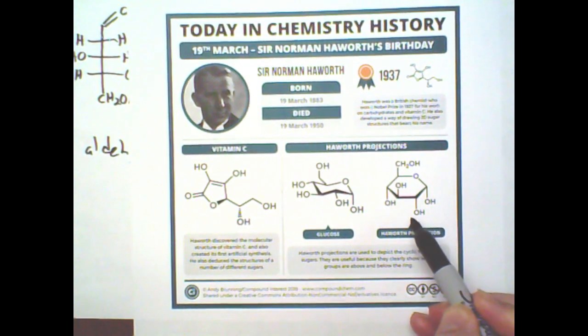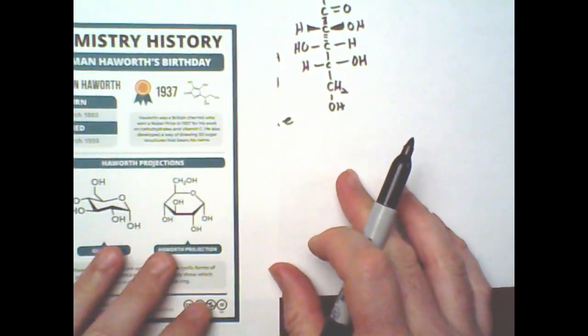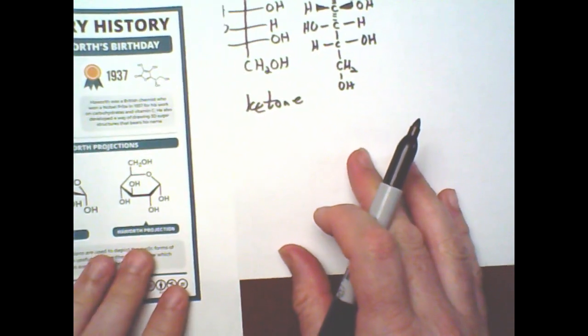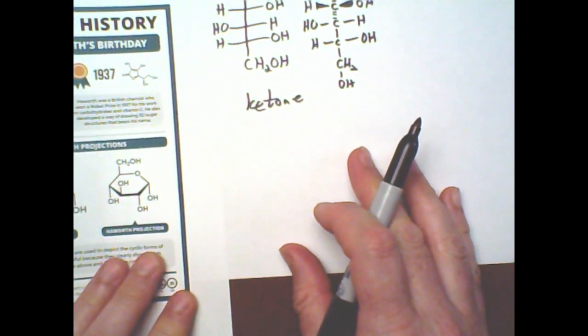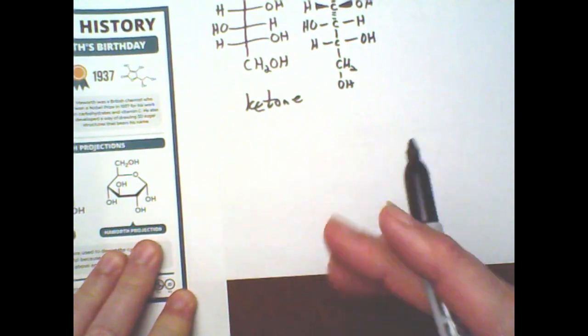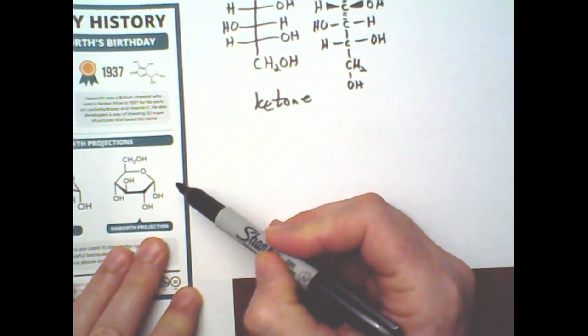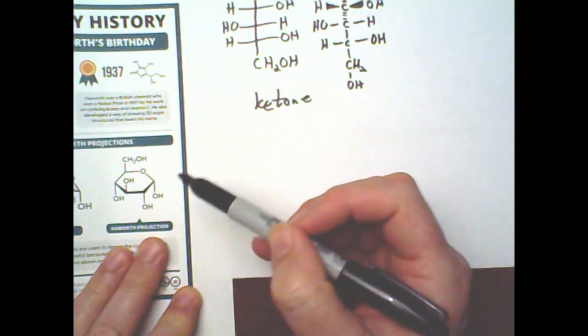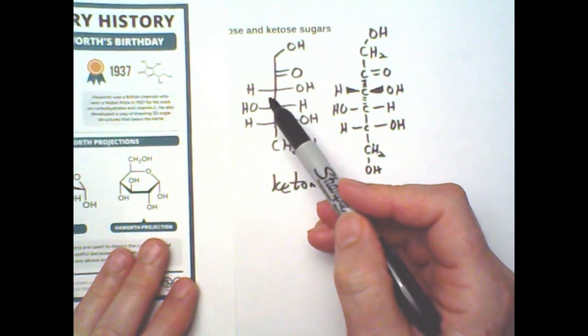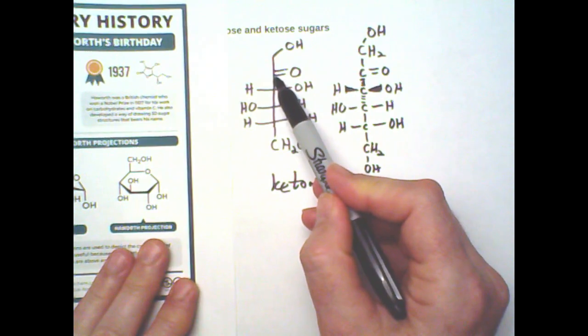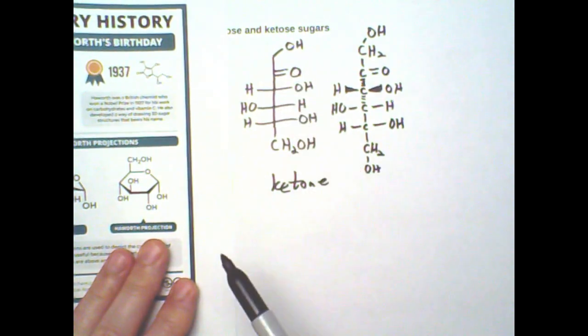But I'm going to step back now and redraw this in a way to figure out if it is an aldehyde or a ketone, an aldose or a ketose. So I'll place it to the side. And what we're going to look for in it is a carbon with, like these here, 2 bonds to oxygen.